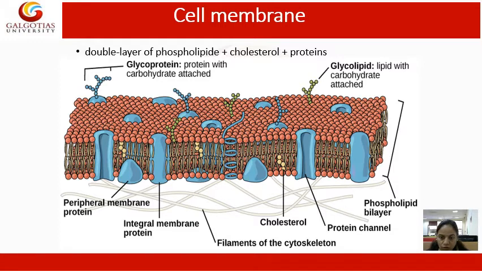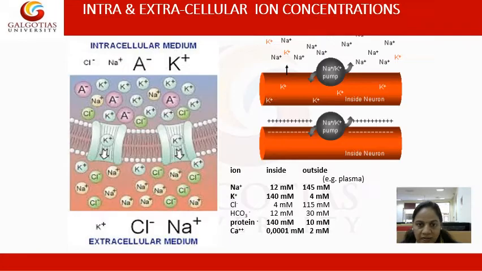You can see all of these collectively. But why is it called a phospholipid bilayer? Already I have told you, this is one phospholipid layer and this is another phospholipid layer, connected to each other in the hydrophobic tail area. You can see it is also filled with cholesterol and lipids, and it is hydrophobic, and the upper part, the head part, is hydrophilic in nature. So we have studied that in the cell membrane also.